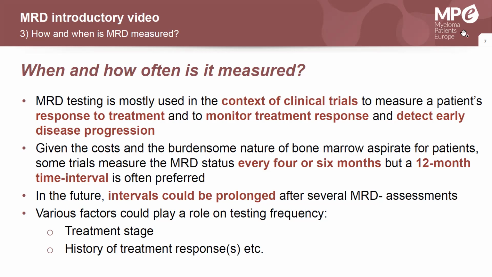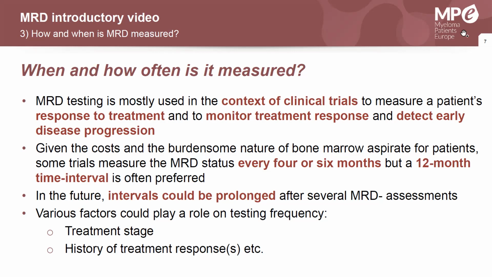For example, in the context of a clinical trial, MRD testing might occur every few months at the beginning of the treatment and then be further apart in time. Treatment stage, history of treatment response might also play a role. The optimal time point for sequential MRD monitoring is yet to be standardized, and future data might help setting up clear guidelines.